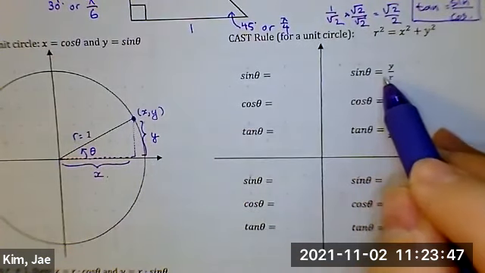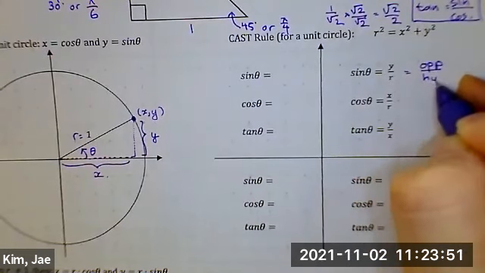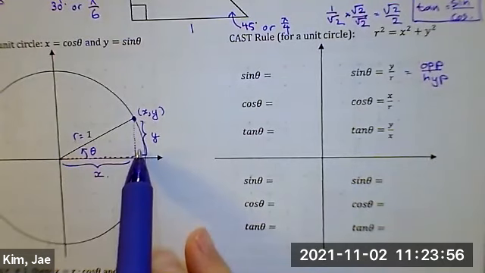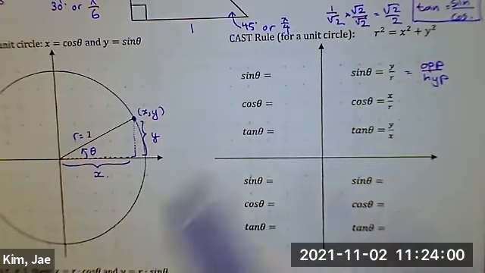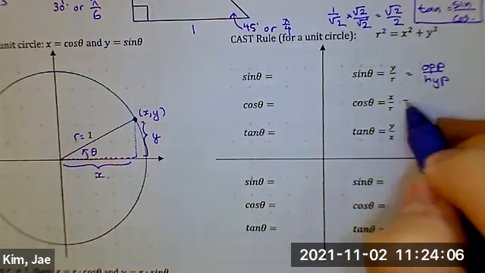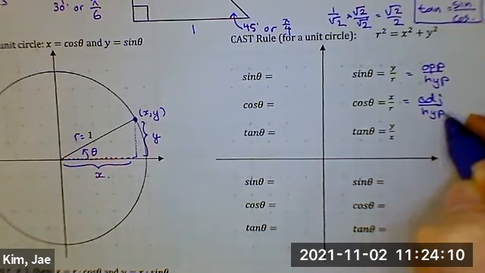So what is sine theta? Opposite over hypotenuse. What's opposite? Y. What's hypotenuse? R. So sine theta is the same as just the y value divided by radius. Cosine is adjacent over hypotenuse.